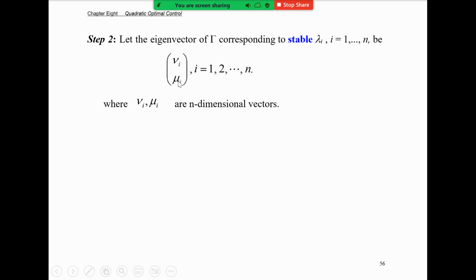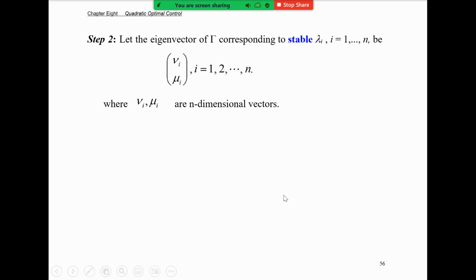Now you get this eigenvector, this 2n dimensional vector. Then you partition it into an upper half and a lower half. The upper half, we call it v_i, for the ith eigenvector, is an n-dimensional vector. The lower half, mu_i, is also an n-dimensional vector. The total is 2n dimensional; we split in the middle.